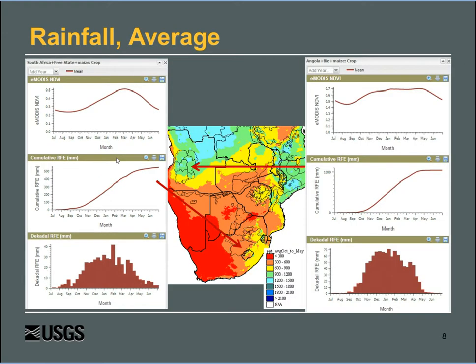So let's focus on South Africa. Let's go back and take a look at two different agro regions. The first one is right here in South Africa. It's giving us this information.